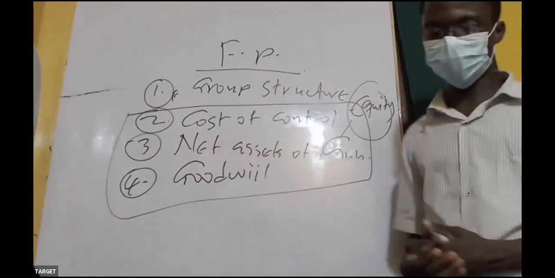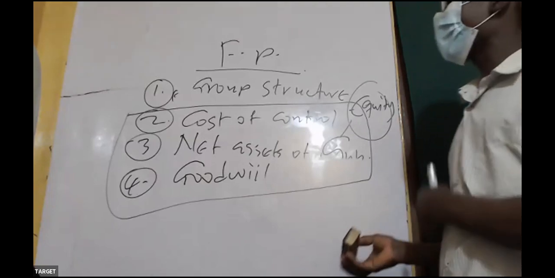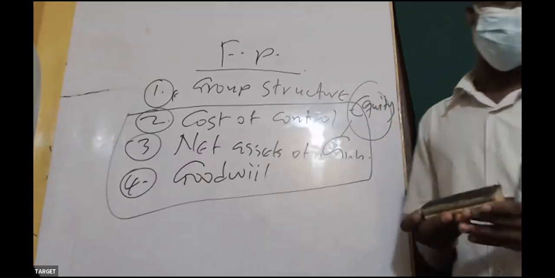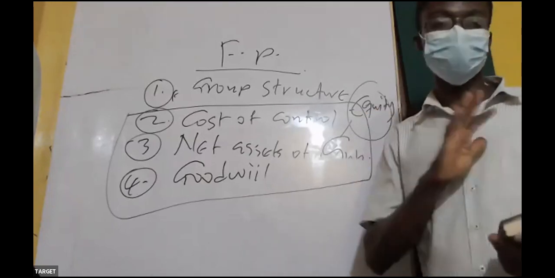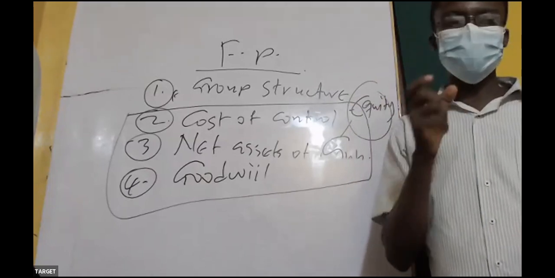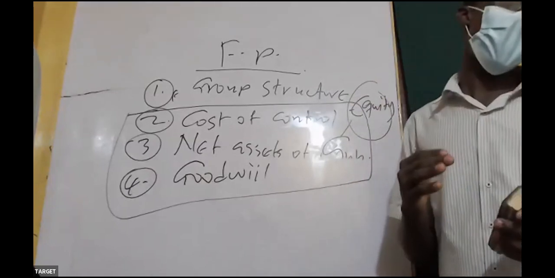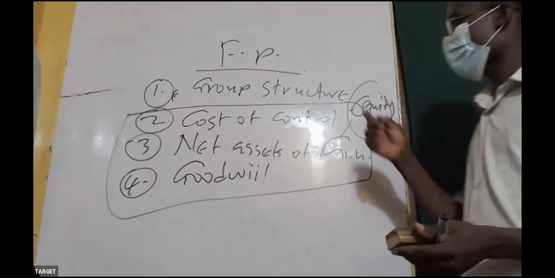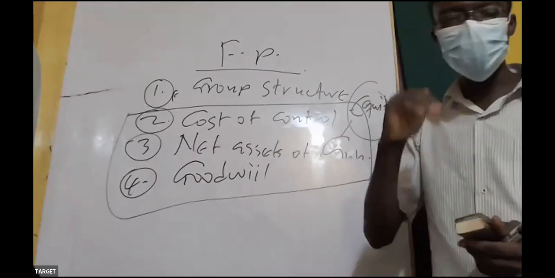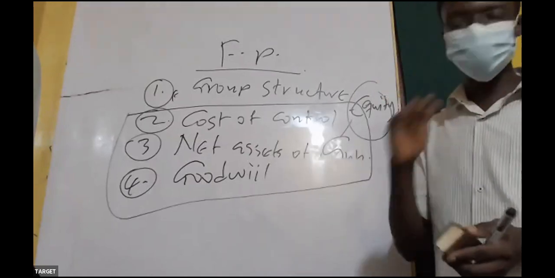So we can do any of them so long as you don't deviate from the main principle. The presentation is not all that important, but make sure that you don't deviate from the underlying principle.